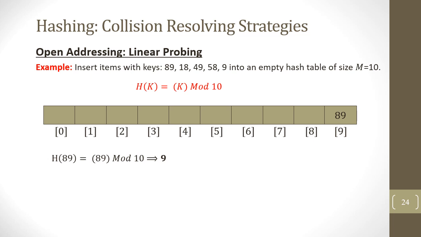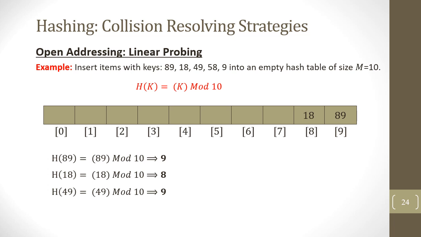The next item is 18. We take mod 10 of 18, which is 8. The 8th slot or the 8th index is currently available, so we place 18 in this slot. Next value is 49. We take mod 10 of 49, which is 9.